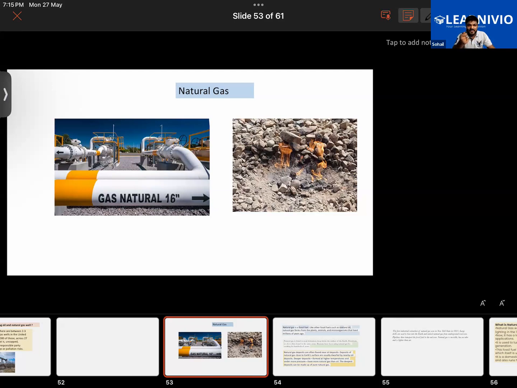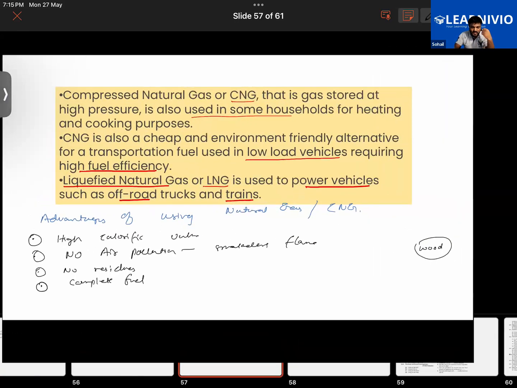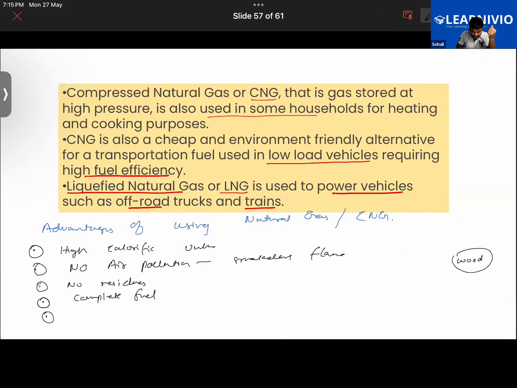I have seen it in the universities in Delhi, where a supply of natural gas exists. There's a pipeline for the supply of natural gas that can be found there. So we have the option of pipelines also.